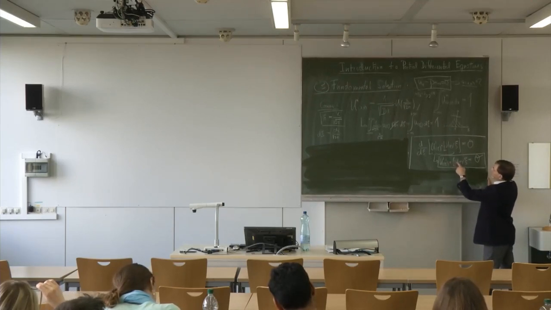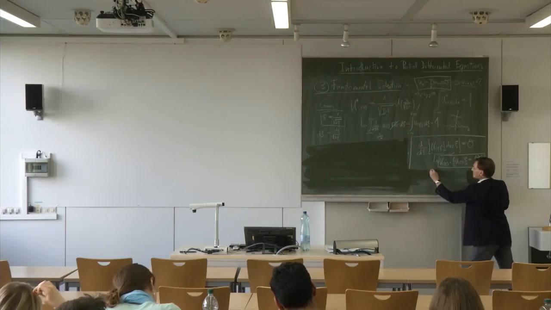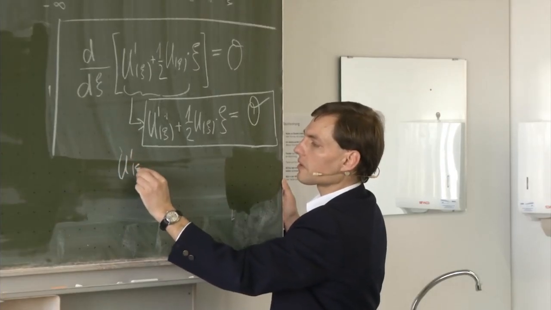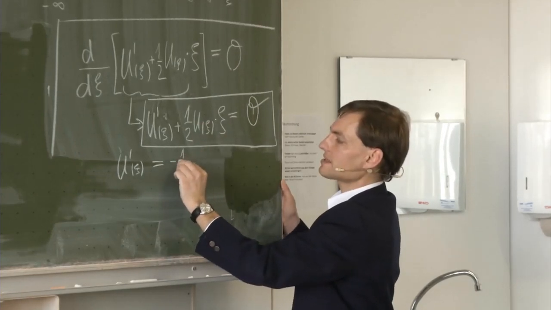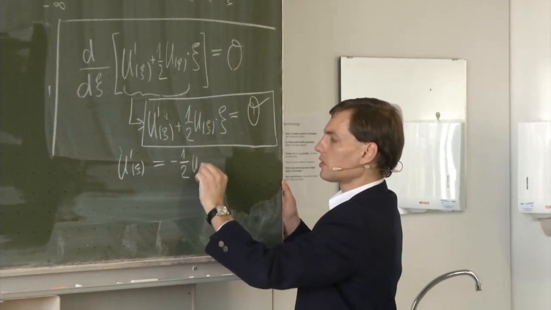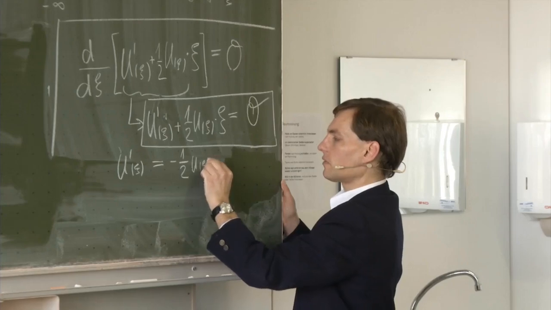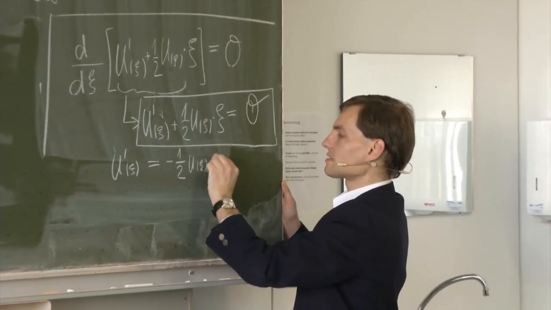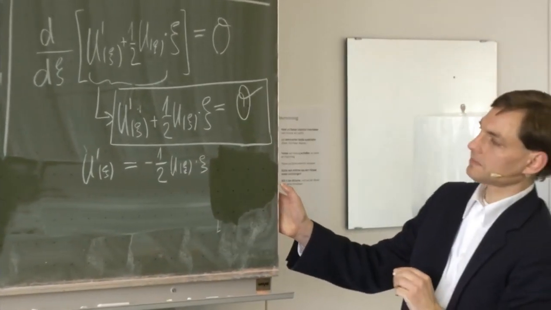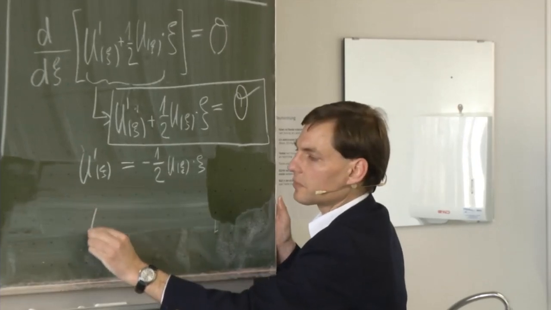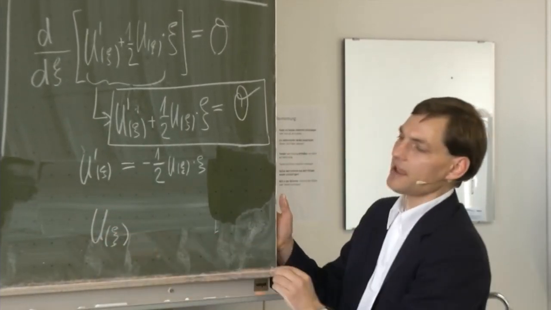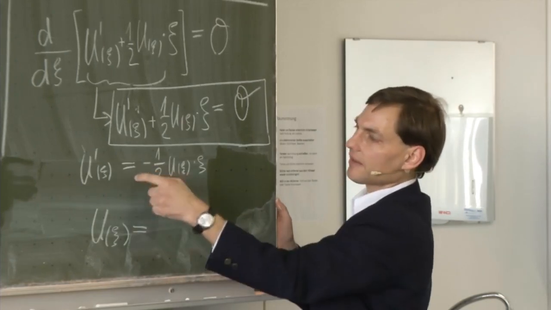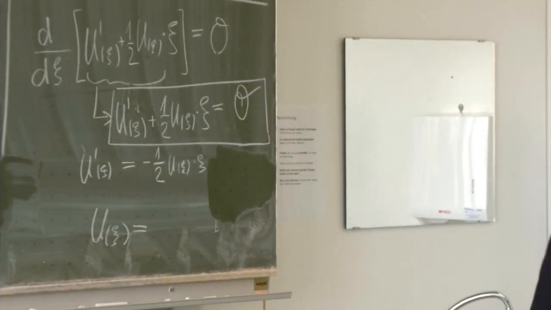So let me write it down, let's move this on the other side to write it in the same fashion, so that we have u prime of xi is equal to minus 1 over 2 u function of xi times xi. And now we have to look for a function u of xi that is satisfying this equation.